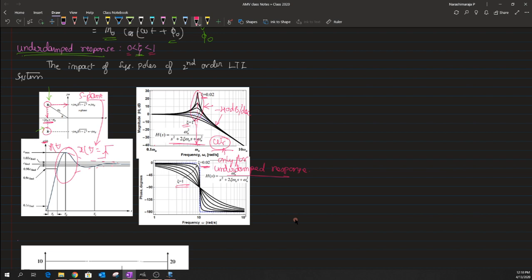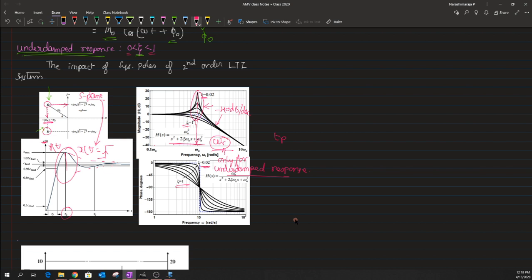So it is almost similar to what we have discussed. We also discussed TP, or the peak time, which is defined as the time at which the peak happens. So even this TP value will appear only for a system that is underdamped, and it will not appear for other types of response.